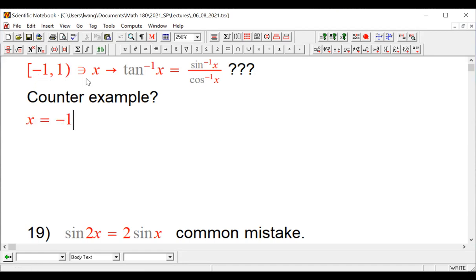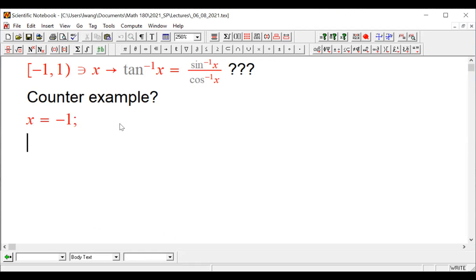I can choose x equals -1, right? The reason I'm doing this is because I want to make the calculation a little bit easier. So if I choose x equals -1 on the left-hand side, what does this equal? This equals -pi/4.